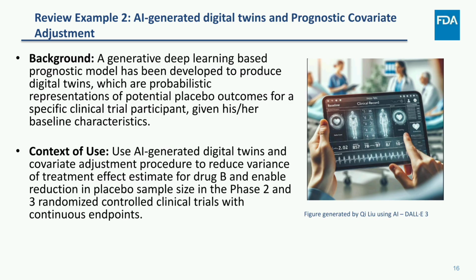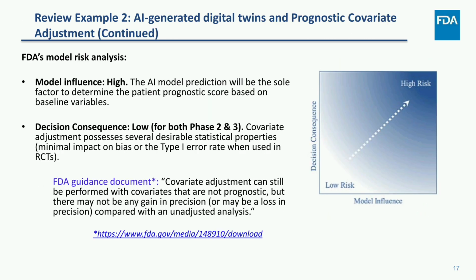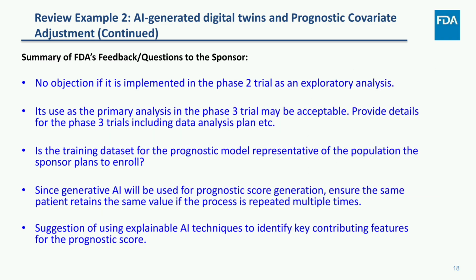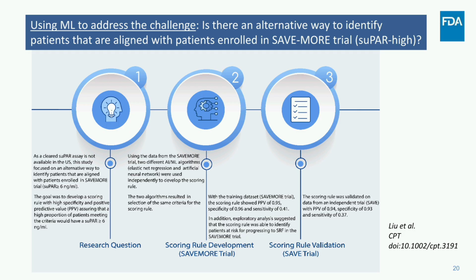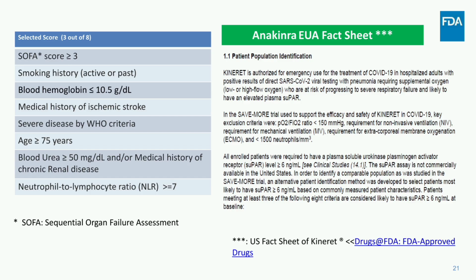Summary of FDA's feedback and questions to the sponsor. No objection if it is implemented in the Phase 2 trial as an exploratory analysis. Its use as the primary analysis in the Phase 3 trial may be acceptable. Provide details for the Phase 3 trials, including the data analysis plan, etc.